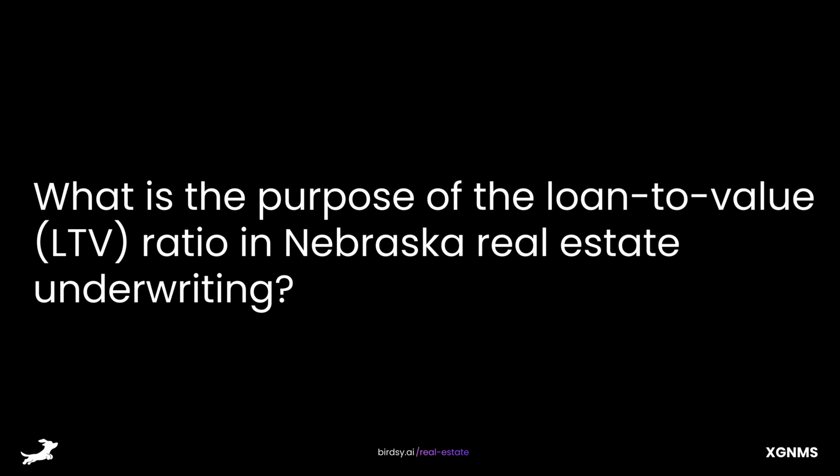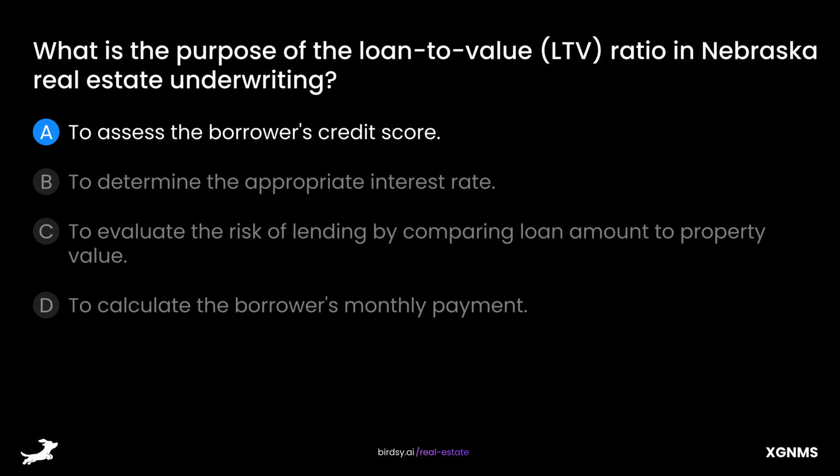What is the purpose of the loan-to-value ratio in Nebraska real estate underwriting? Is it A, to assess the borrower's credit score, B, to determine the appropriate interest rate, C, to evaluate the risk of lending by comparing loan amount to property value, or D, to calculate the borrower's monthly payment?